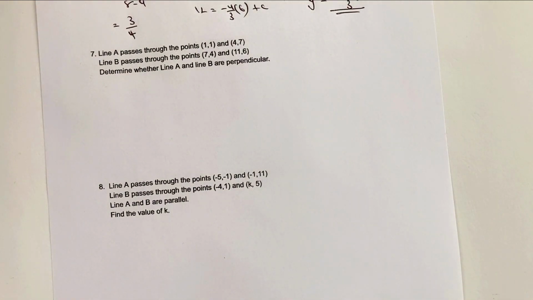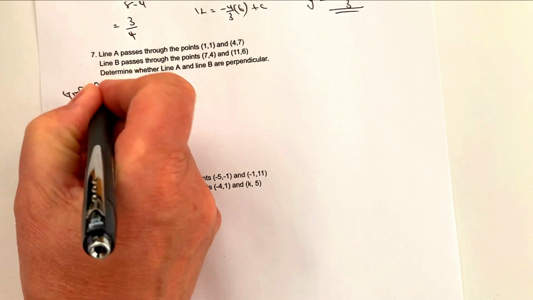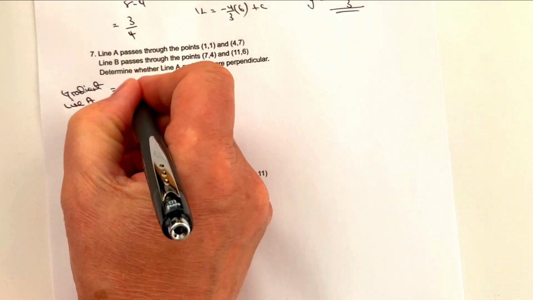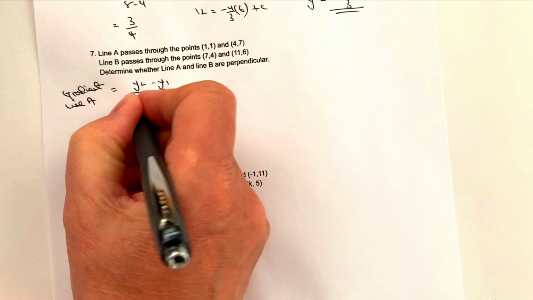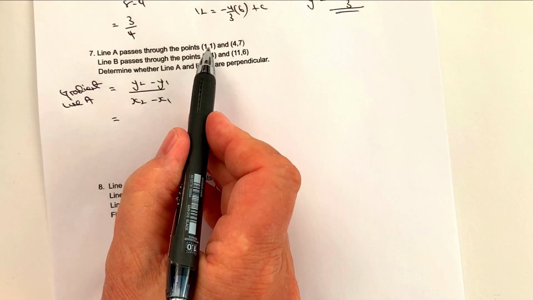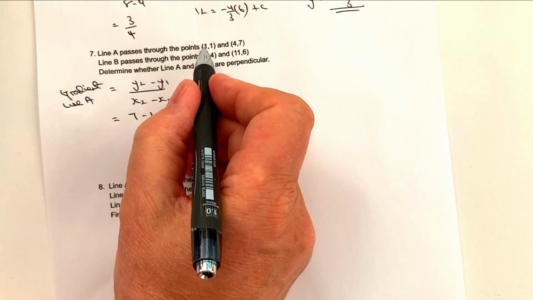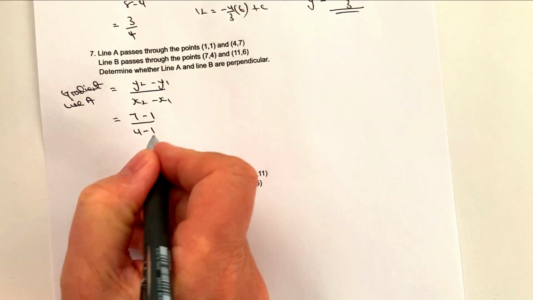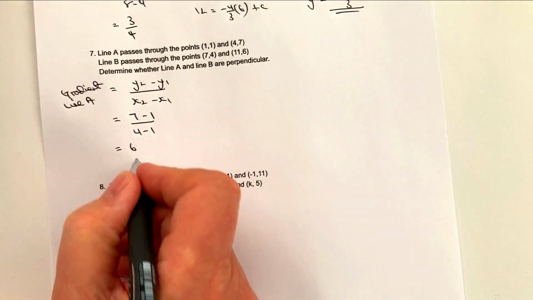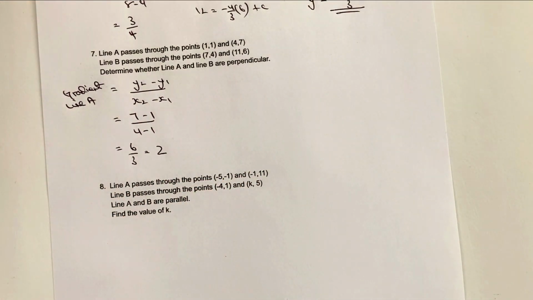Line A: again, we're going to look at the gradient of line A. That's equal to y2 minus y1 divided by x2 minus x1. So I've got 7 minus 1, and 4 minus 1. 7 minus 1 is 6, and 4 minus 1 is 3. So my gradient of line A is 2.